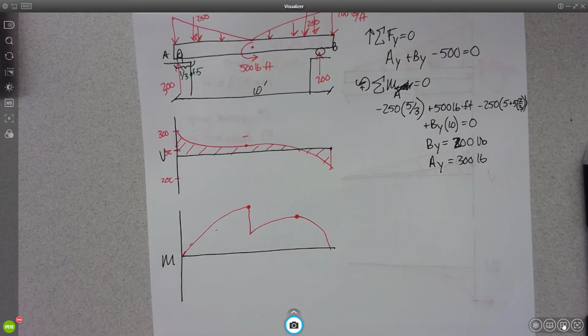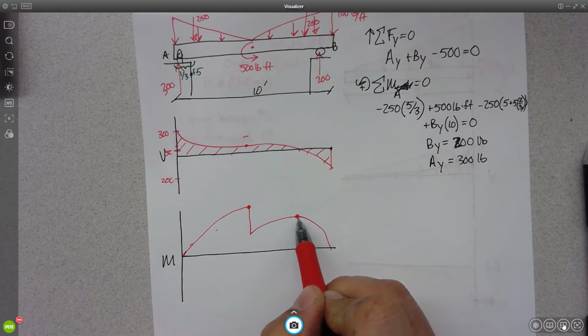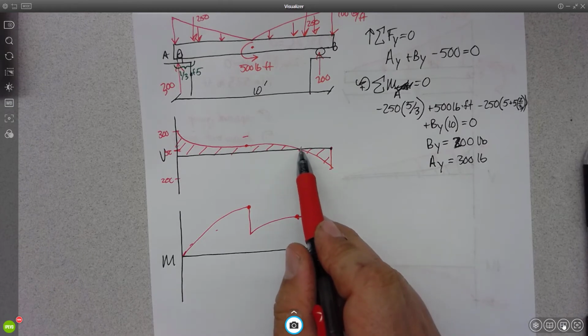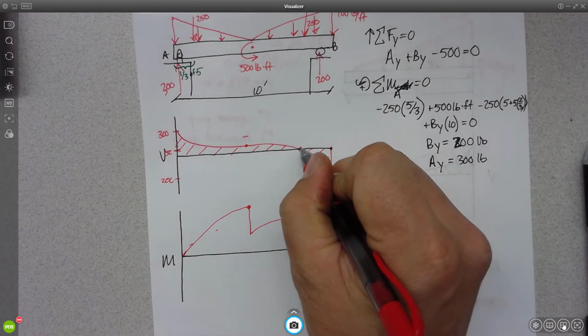Nope, not really. I'm going to have to do a whole lot of work. Do I know where this point is? No. Do I know where this point is? No. Okay. We're going to have to do some equations, guys.